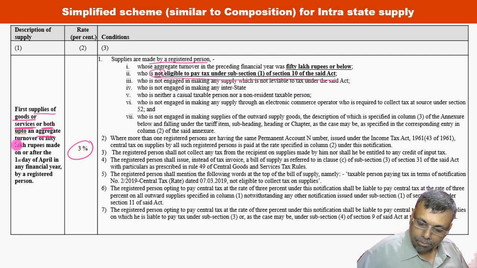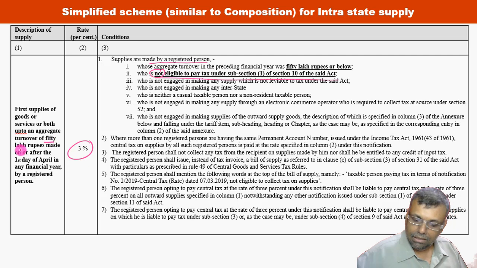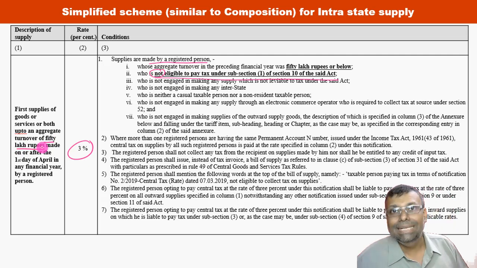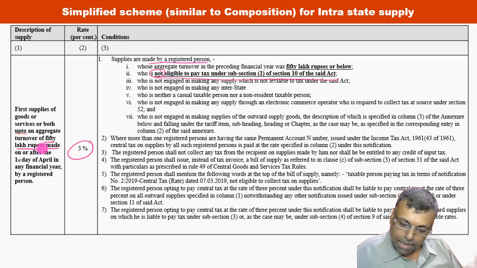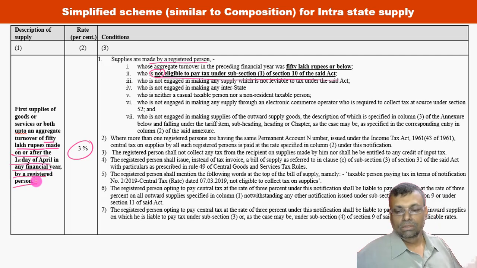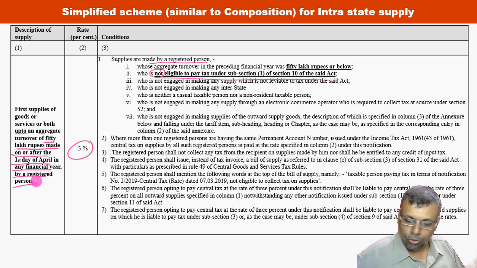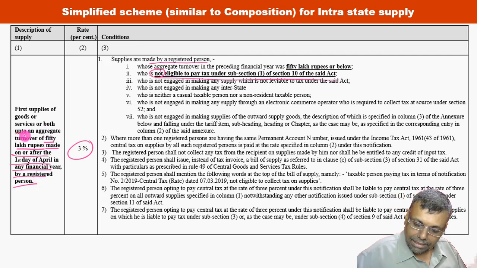Up to an aggregate turnover of 50 lakhs of rupees, I repeat, 50 lakhs of rupees, made on or after the 1st of April in any financial year by the registered person. So it is basically for those persons whose aggregate turnover is up to rupees 50 lakhs, and it is applicable for goods and services. So this is your 3%.